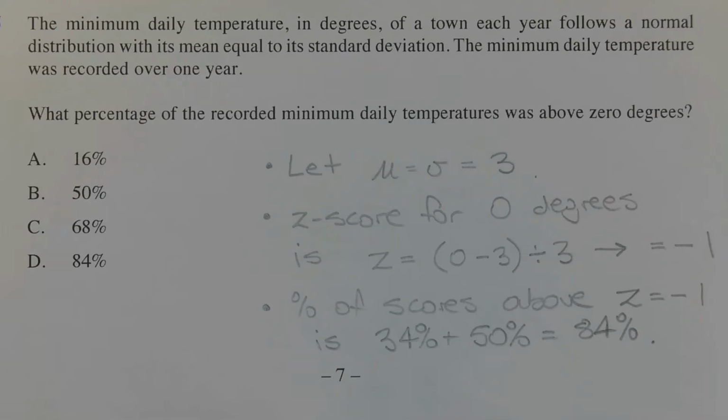So between z equals -1 and z equals 0, we have roughly 34% of scores. Above z equals 0, that whole half of the normal distribution, we have 50% of the scores. So 34%, from z equals -1 to z equals 0, plus 50%, all scores above z equals 0, gives us 84%. Therefore, the correct answer is option D.